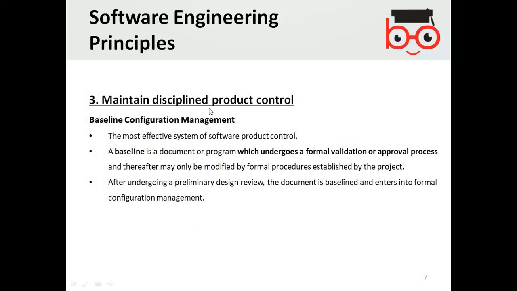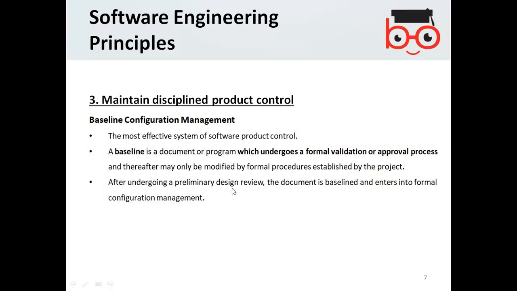Next is maintain disciplined product control, baseline configuration management. The most effective system of software product control is the baseline configuration. A baseline is a document or program which undergoes a formal validation or approval process and thereafter may only be modified through formal procedures established by the project.